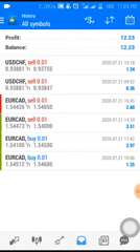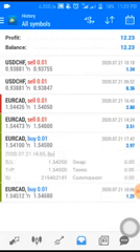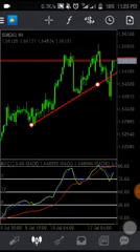Okay. I have a last trade here, 2.97 profit. So this trade, I took it to break even. I closed this trade.